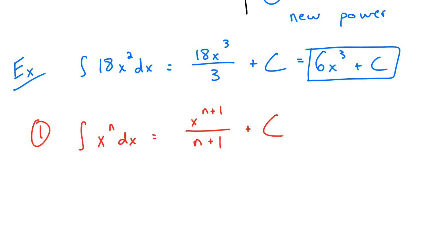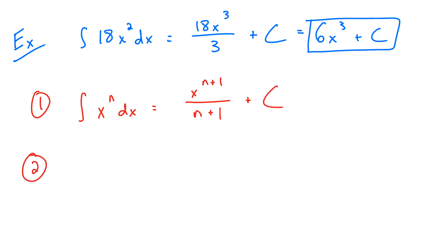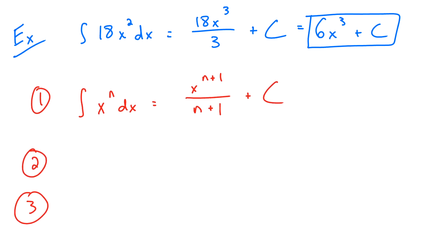There are 2 others that I want to quickly talk about here, and those should be a little bit easier to establish. And I want to think back to earlier derivative rules that we learned at the very beginning of chapter 3, before we even talked about the chain rule and the product rule and the quotient rule.